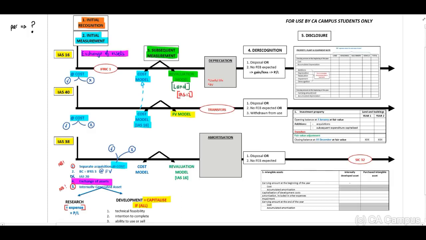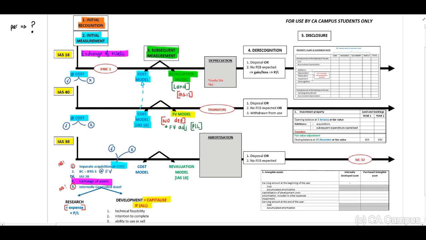Now guys, when you have an investment property at fair value, please no depreciation. Remember, this is at fair value. You will have to recognize a fair value adjustment, and this will be through your profit and loss.